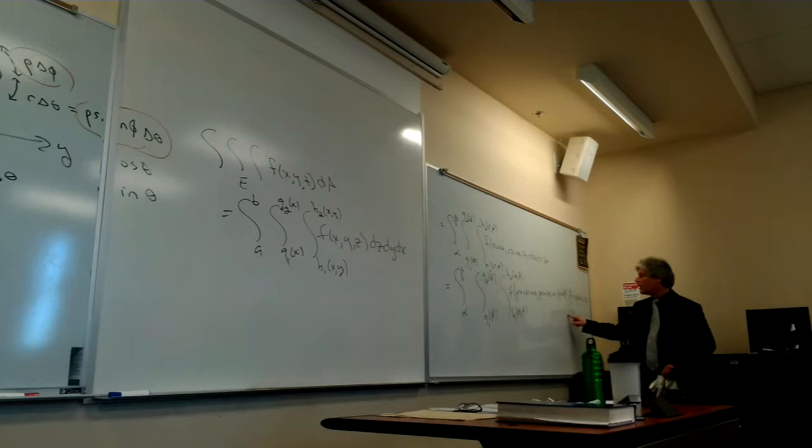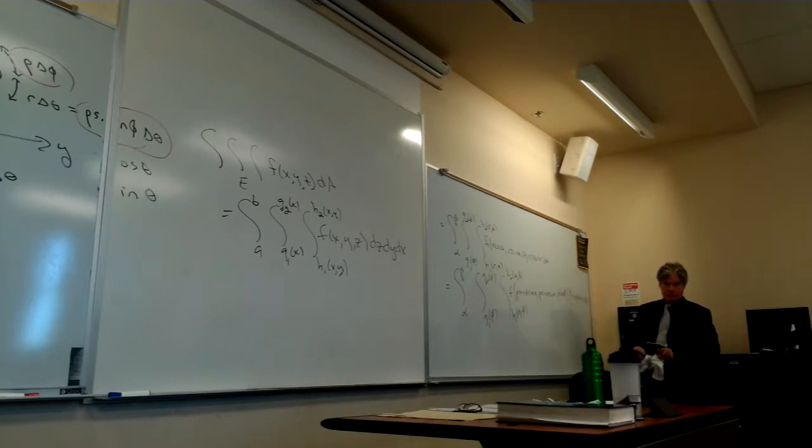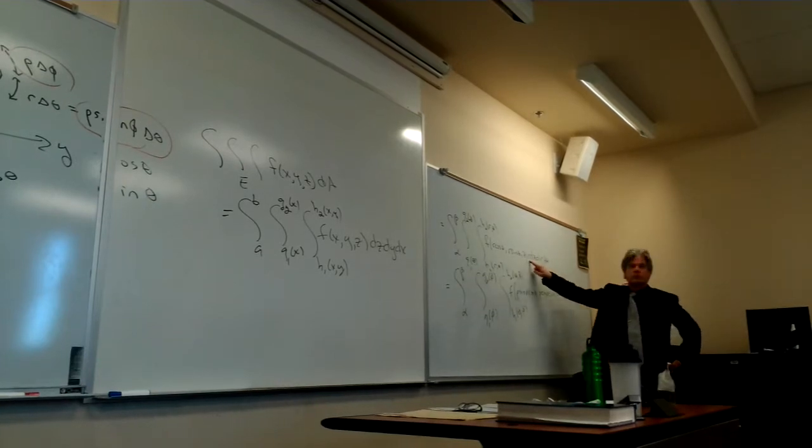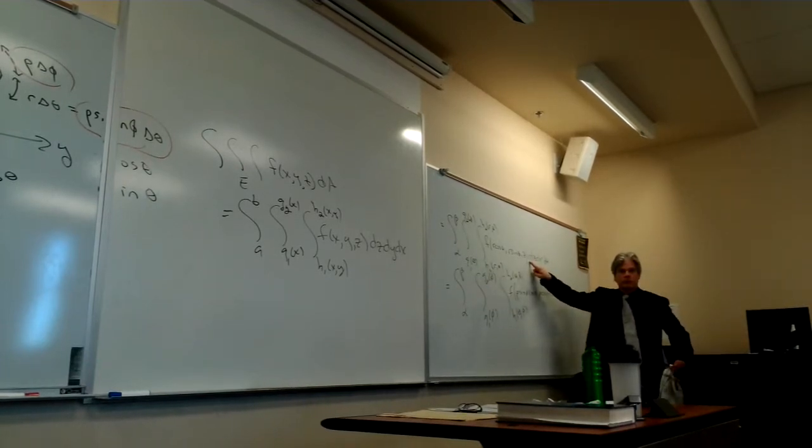So I've got a rho squared sine phi, and then I'm integrating with respect to rho, then theta, then phi. So the extra part, like the r in the cylindricals, is rho squared sine phi.